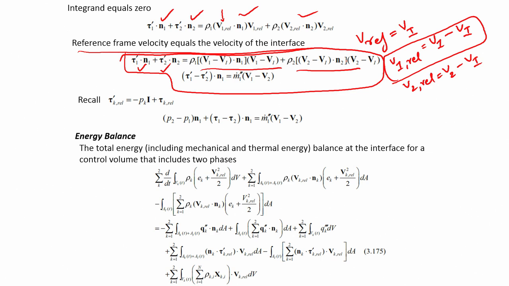Now, recall that this part of the expression is nothing but the m dot triple prime that we defined earlier in the case of continuity. This is the mass transfer due to phase change across the interface. We also noted that N1 is basically the negative of N2. So, tau 1 dot N1 plus tau 2 dot N2 becomes tau 1 prime minus tau 2 prime dot N1, where we are substituting N1 as the same as minus N2.